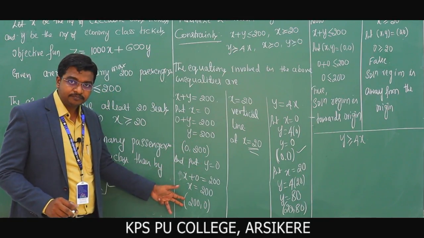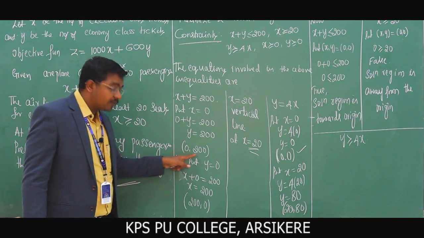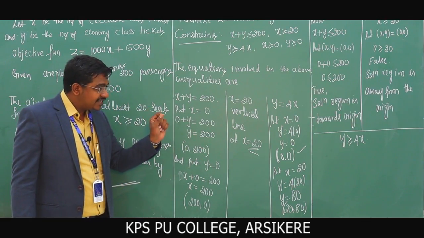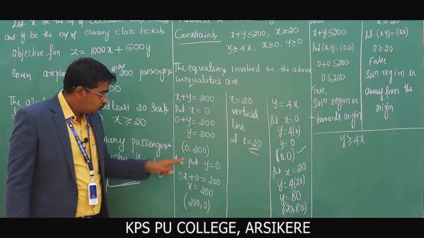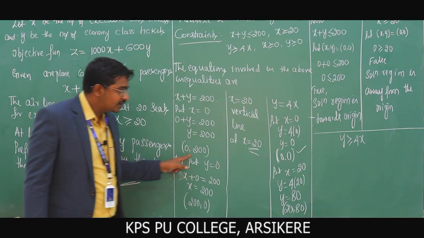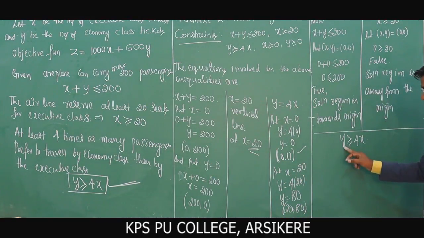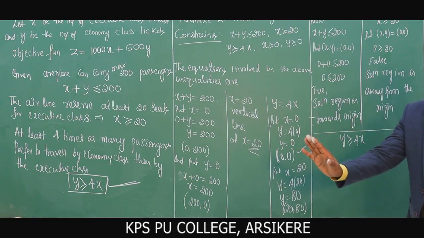If you take 0, 200, that becomes 200 greater than equal to 4 into 0, that is 200 greater than equal to 0. Obviously this inequality is true. Hence the solution region is towards the y axis.